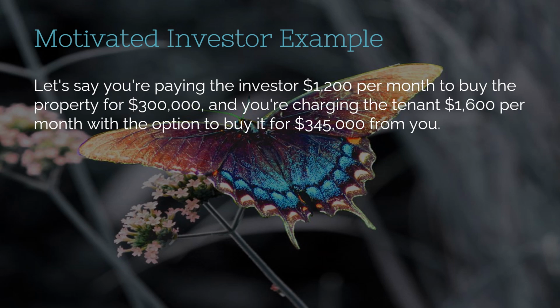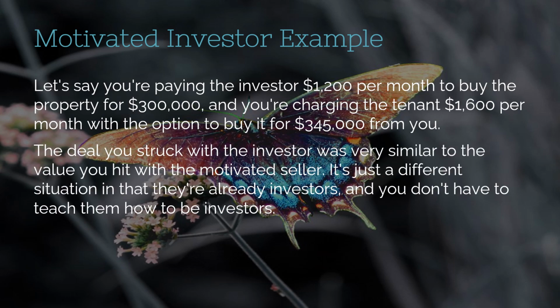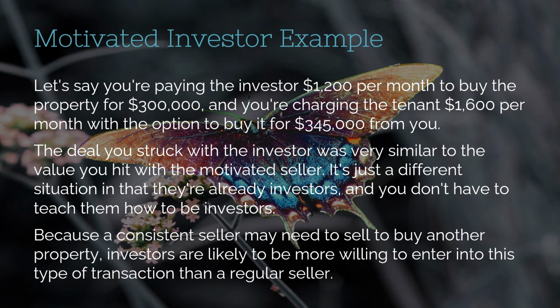The deal you struck with the investor was very similar to the deal you had with the motivated seller. It's just a different situation in that they are already investors and you don't have to teach them how to be investors. Because a consistent seller may need to sell to buy another property, investors will be more likely to be willing to enter into this type of transaction than a regular seller.